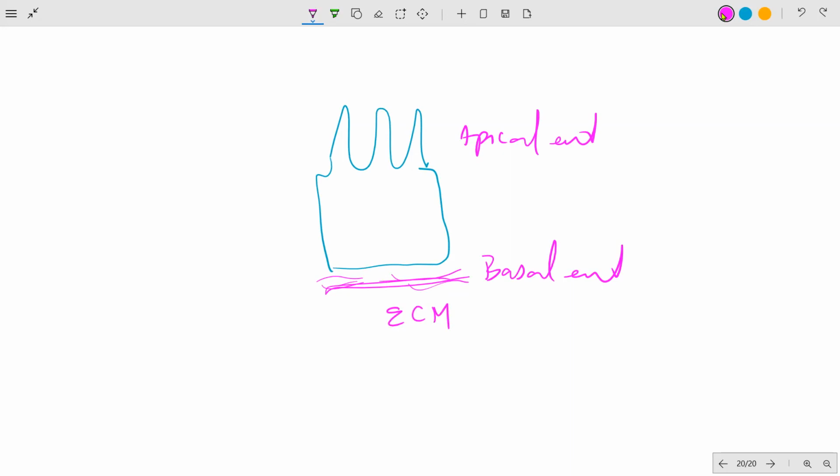So these are the two ends, apical and basal. Now what we see, ये जो beta actin है, this beta actin is present towards the apical end in the same cell. और जो हमारा gamma actin है, gamma actin is present towards the basal end in the same cell. So they are both found in the same cell, but at different regions. Okay. So this concept should be very, very clear.